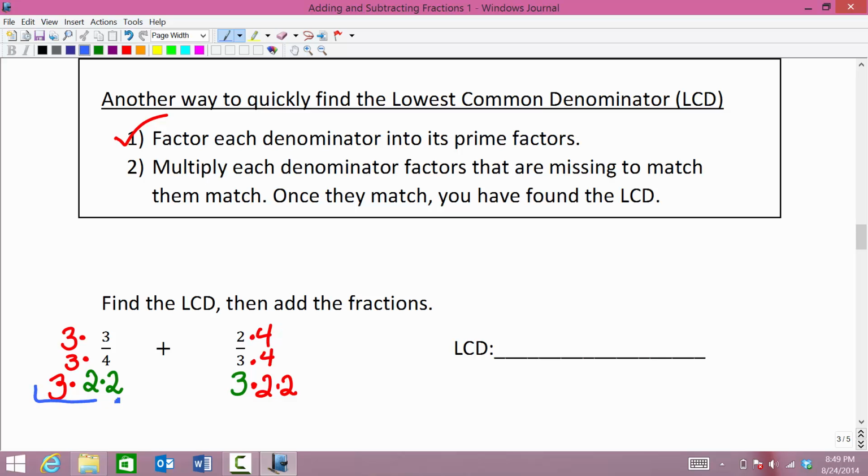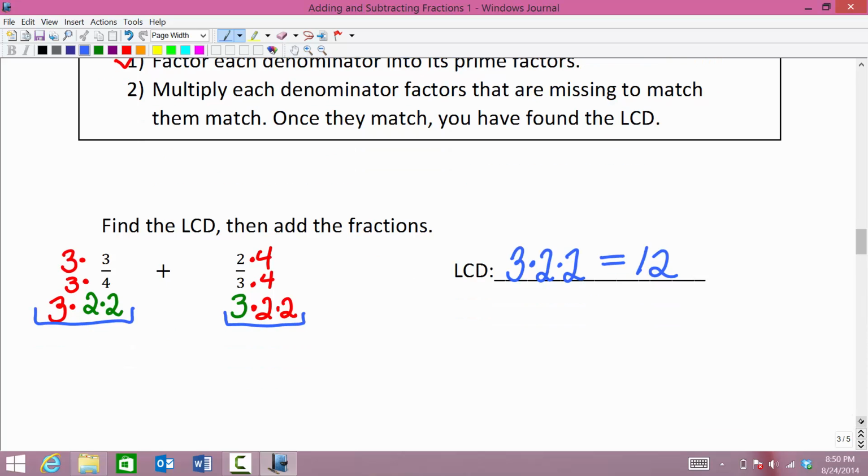Now you notice that both of my denominators have the same exact prime factors. They both have a 3, they both have a 2, and they both have a 2. Once they match, my LCD is taking those numbers, multiplying them together, and we arrive at 12. Now we want to look at our new fractions.